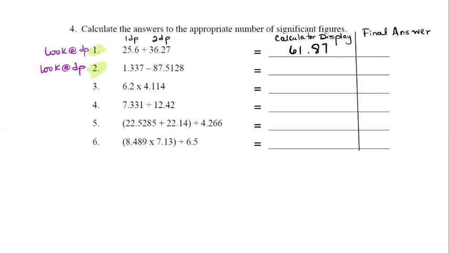I get a calculator display that it is 61.87. Put a 1 in the chat if you got that. How many decimal places do I need to have in my final answer? Great, 1 decimal place. Excellent job, you guys. The first one, you need to round to 1 decimal place.